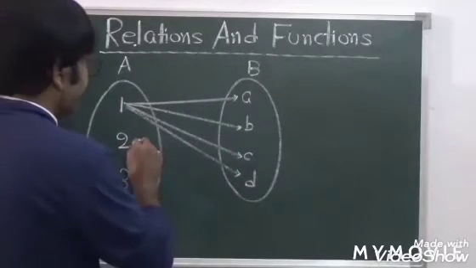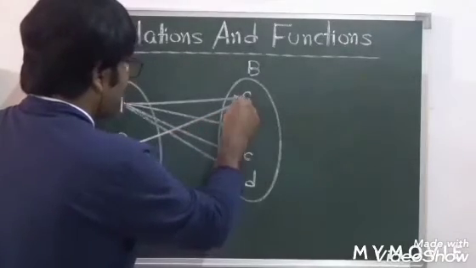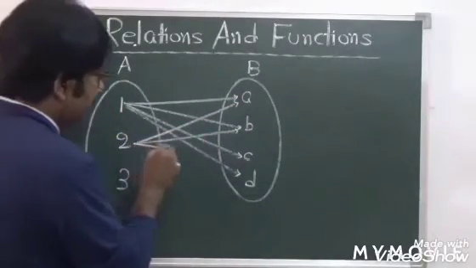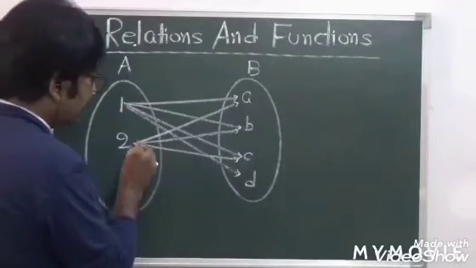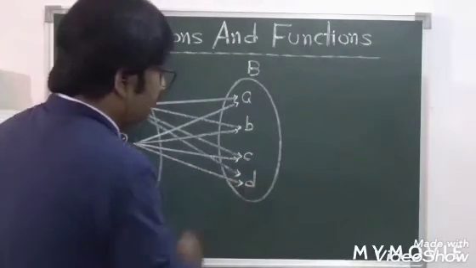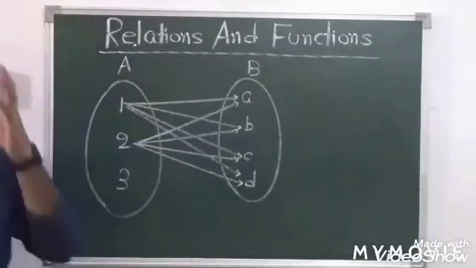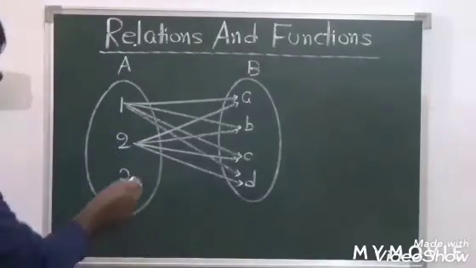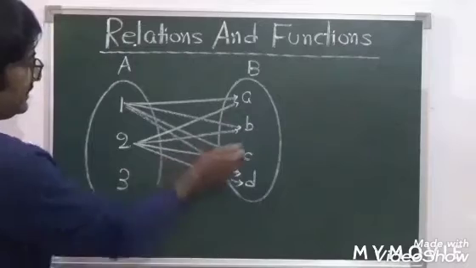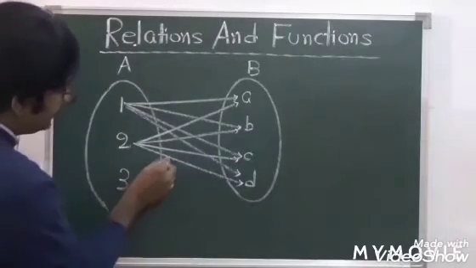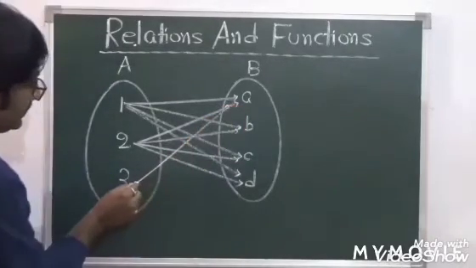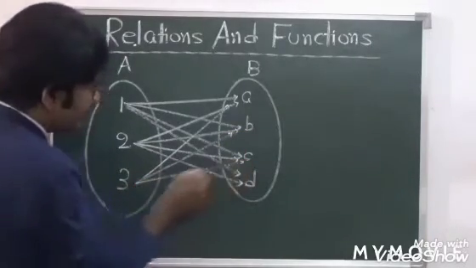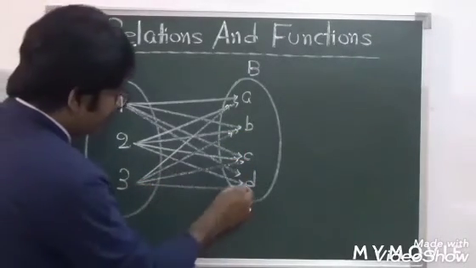So 2a, 2b, this is 2c and this is 2d, right? Now beginning with 3, we once again connect each one: 3a, 3b, 3c and 3d.